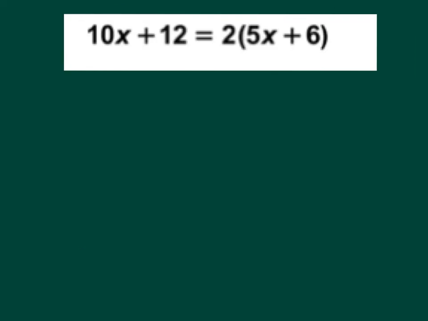All right, let's take a look at this one. This one has distributive on one side and just two terms on the other side. So I'm going to separate my equation. Before I can start moving, I can't move this 10x anywhere or this 5x or 6 until the parentheses are gone. So make sure you always move parentheses first. So 2 times 5x is 10x. 2 times 6 is 12. I'm going to bring this down.